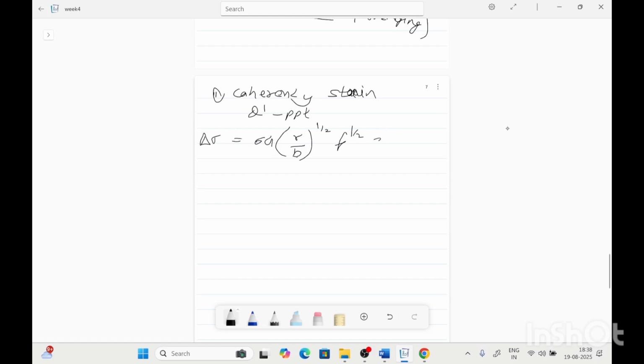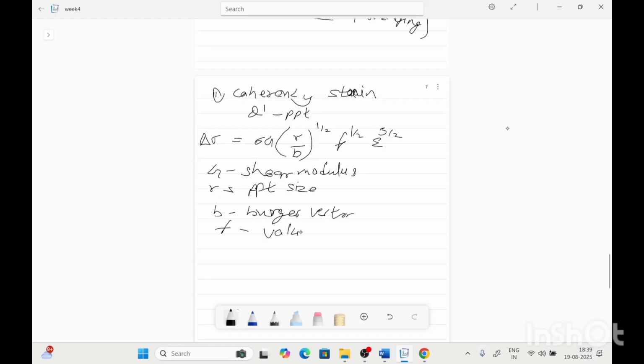Here G is the shear modulus, R is the precipitate size, b is the Burgers vector, f is the volume fraction of the precipitates, and epsilon is the coherency strain.